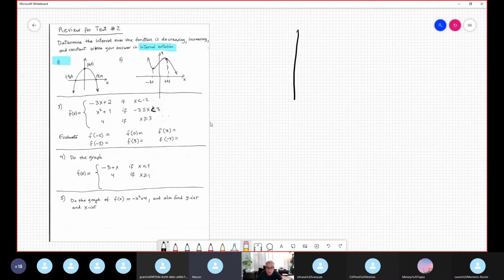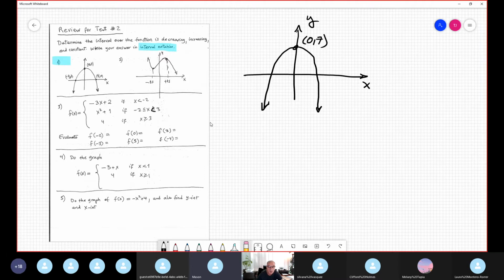Okay, I try to do a rough sketch of this. X, Y. This looks like a parabola, but a parabola opening down. That point is the point 0,7. This point is the point 4,0. And this point is negative 4,0.